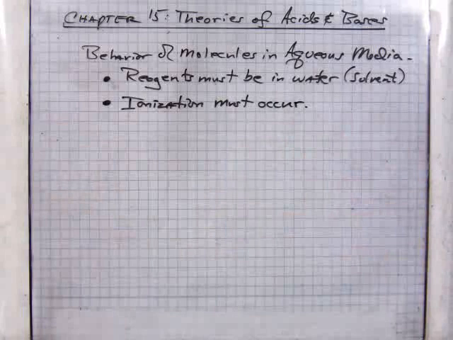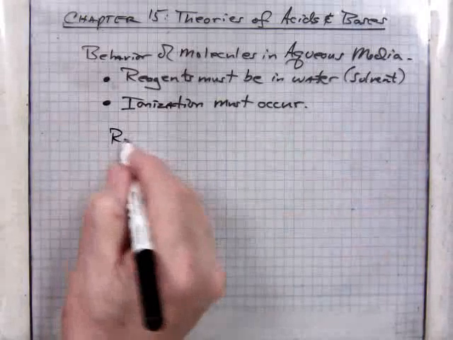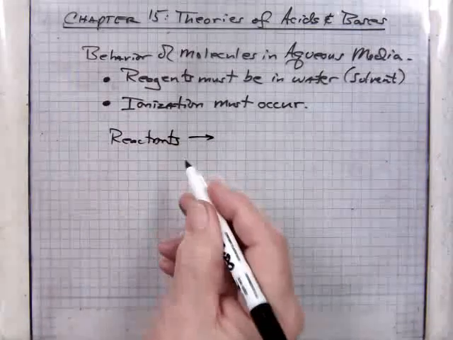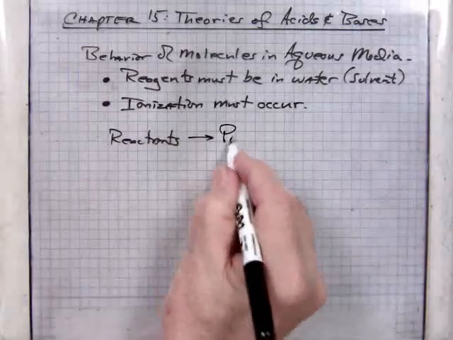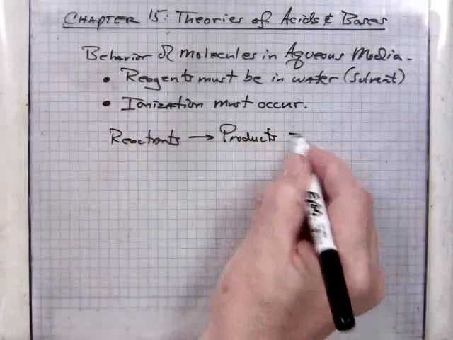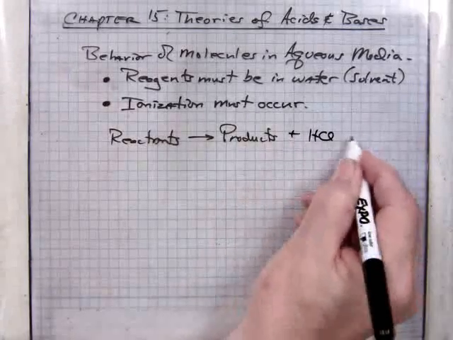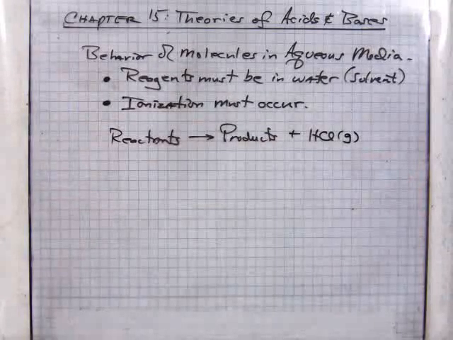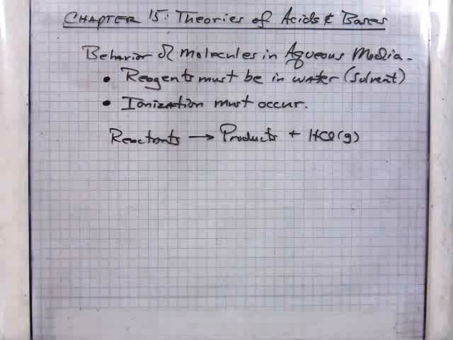In some reactions, reactants, and you've seen this on the exam and practice, go to products, plus say HCl in the gas form. Well, in that form, in gas form, we do not classify HCl as an acid. We classify it as hydrogen chloride in the gas form.